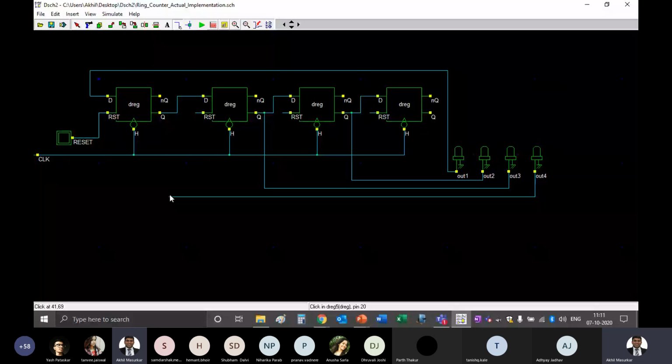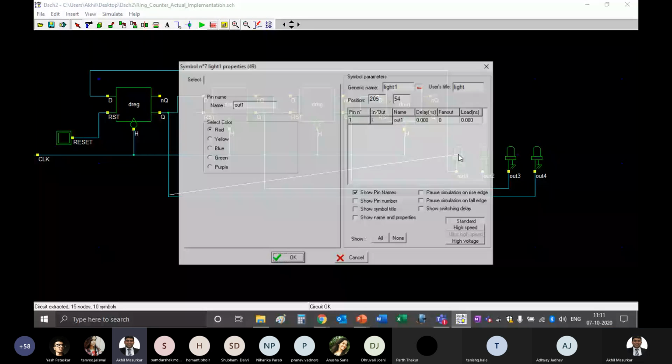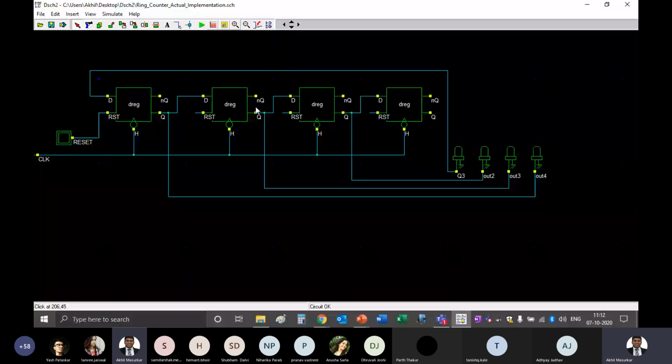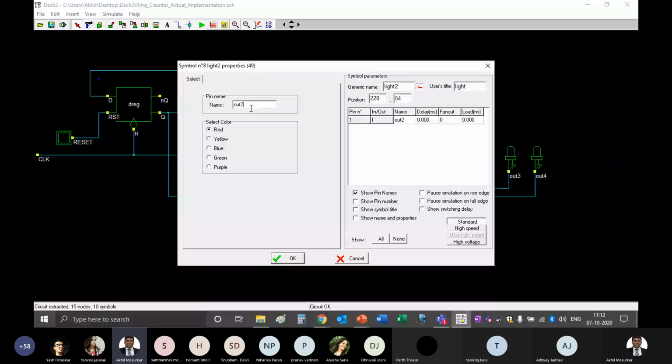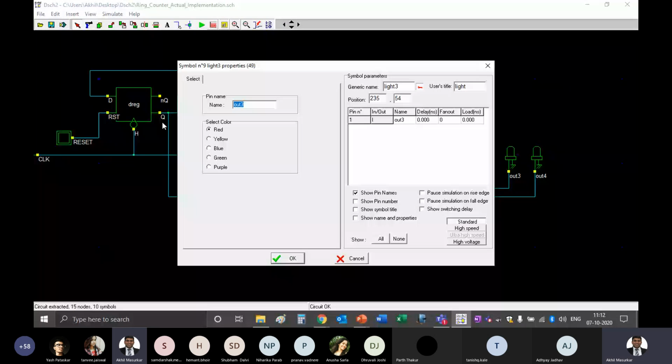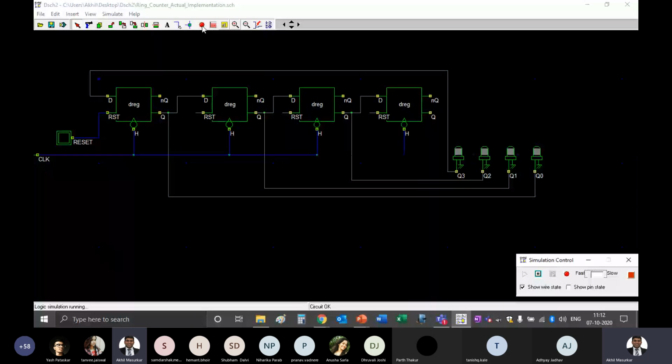So my last one is Q3, then we have Q2, then Q1, and then Q0. So I'm just simulating this.